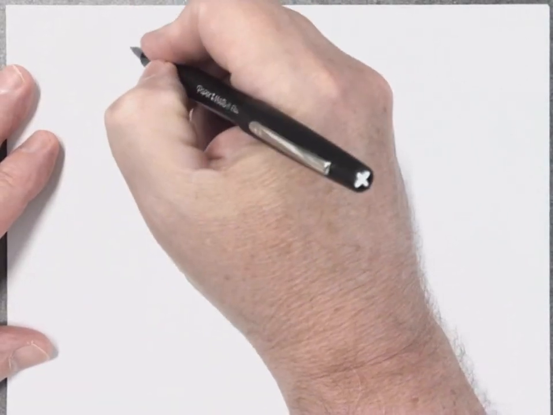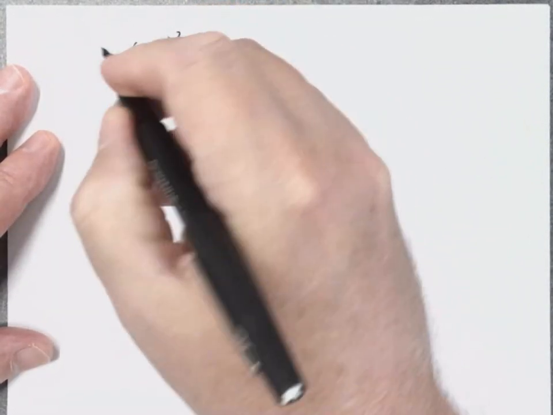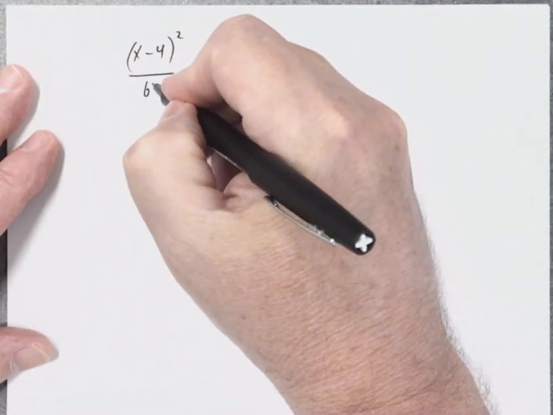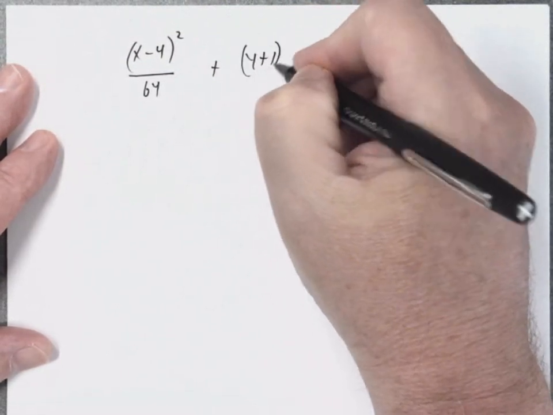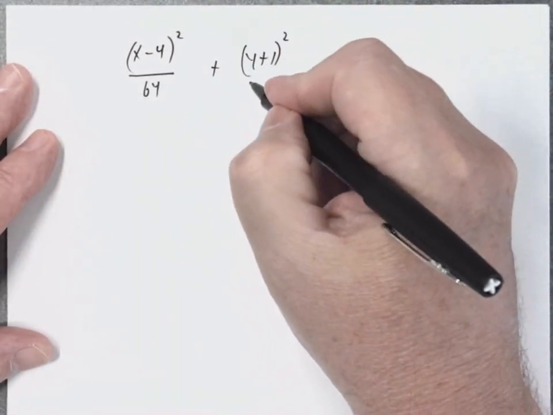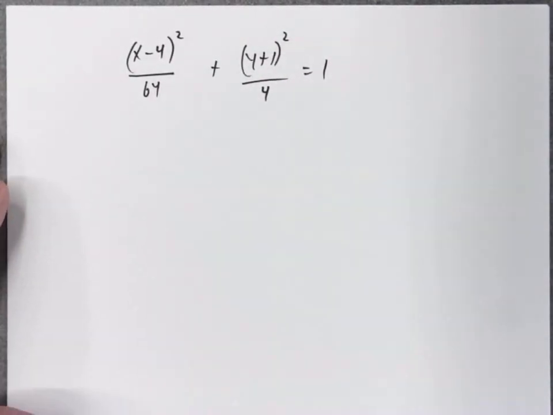So here's the equation for this ellipse. x minus 4 squared over 64 plus y plus 1 squared over 4 equals 1. All right, first question, is this equation in standard form? And yes, it is.